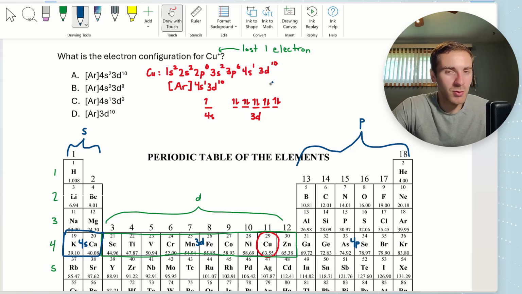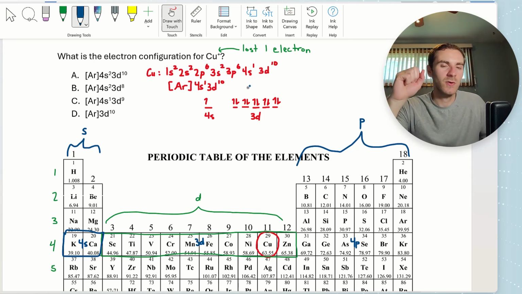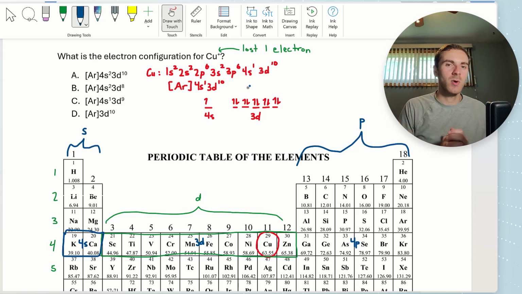However, when we're removing, we also will always remove 4s before 3d. And the reason is because when we're removing, we're not focused on the actual amount of energy, but we're focused on the valence electrons, which is purely based on this front number.